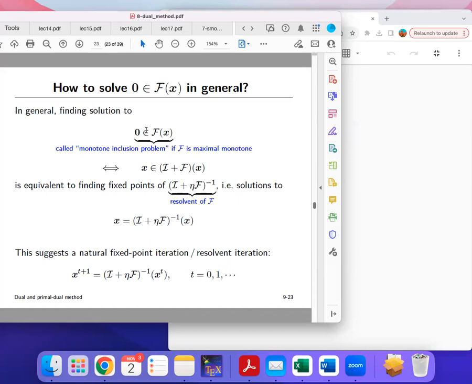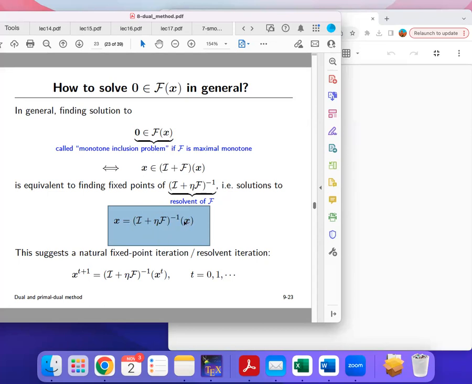So to solve this equation, in many cases f is not directly invertible. So what we do is build up this fixed point equation by introducing this identity operator. For example, if f is a linear operator, a matrix may not be invertible, but once we add this identity, it may be invertible.